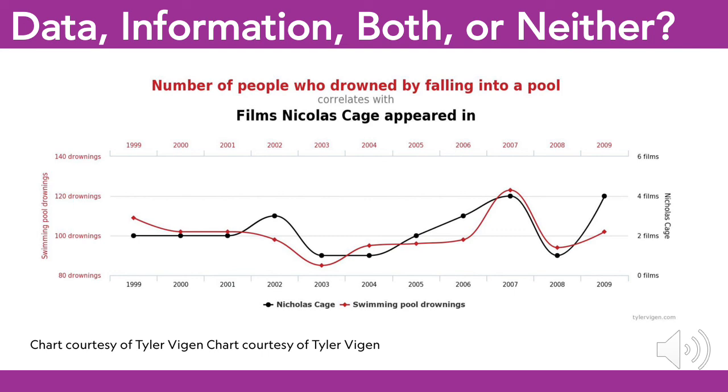And this shows that the number of people who drowned by falling into pools actually correlates with the films Nicolas Cage appeared in. On a sidebar, this is also a lesson that correlation does not equal causation. That is, just because Nicolas Cage and the number of people who drowned falling into pools seems to line up, that does not mean that one had a causal effect on the other one.